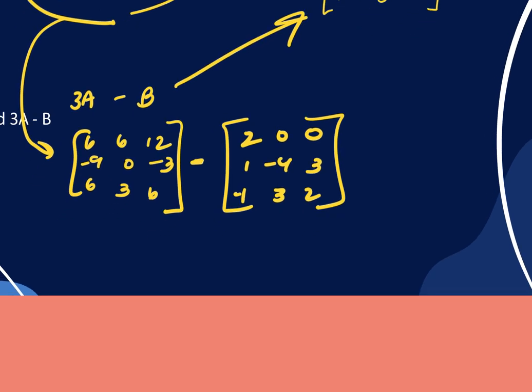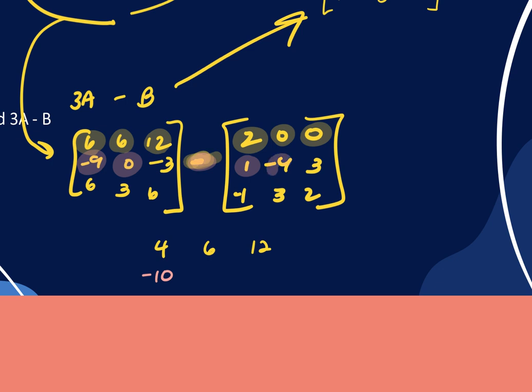So if I am going to subtract, it would be 6 minus 2, and that's 4. It would be 6 minus 0, and that's 6. It would be 12 minus 0, and that's 12. And then I go to the next one. It would be -9 minus 1, which is -10. 0 minus -4, which is +4, because minus a -4 becomes +4.